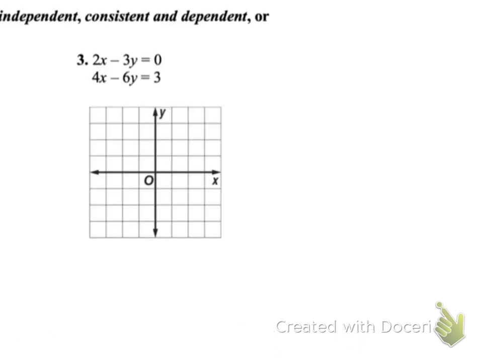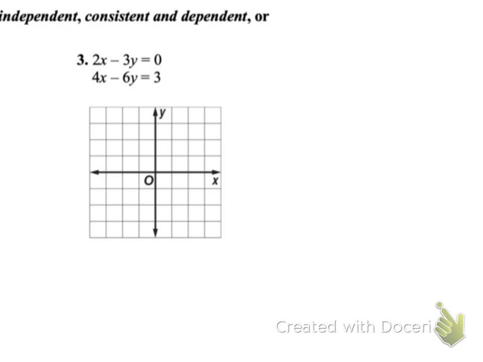Number 3. Right off the bat, looking at 2x minus 3y equals 0 and 4x minus 6y equals 3, what would happen if you multiplied that first line by 2? Except for the 0, you can tell right off the jump that these are going to be parallel lines.